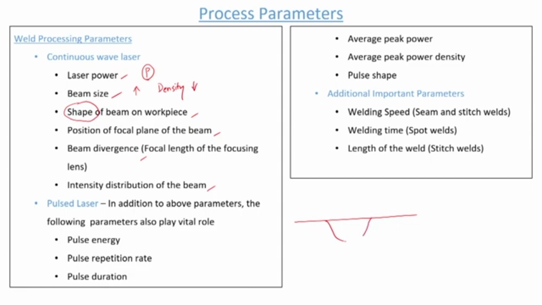So, if we consider this, we are getting an inverted shape of the laser bead over here. So, this is the work part, and the laser bead which appears to be of inverted bell shape.